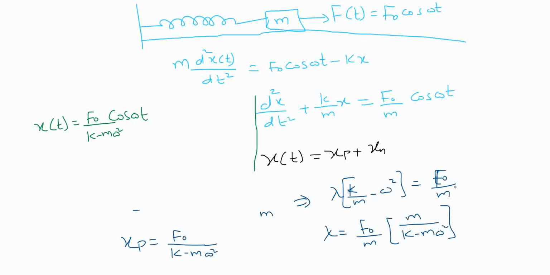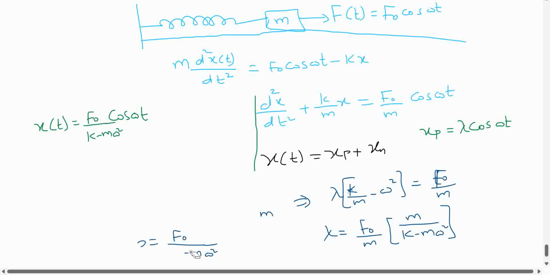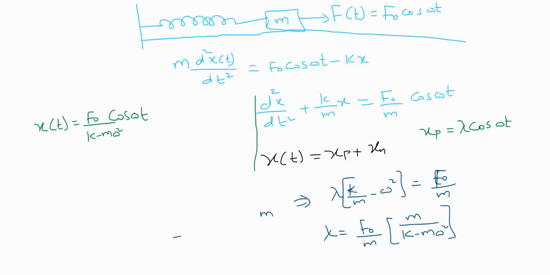We have seen that xp will be in the form of lambda cos omega t. So we have calculated lambda by substituting xp here. Lambda is this, then we have to get x of t. This is xp of t, and we know the xn. So I'm just adding to this.